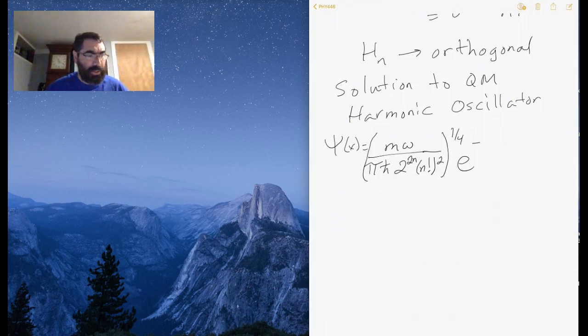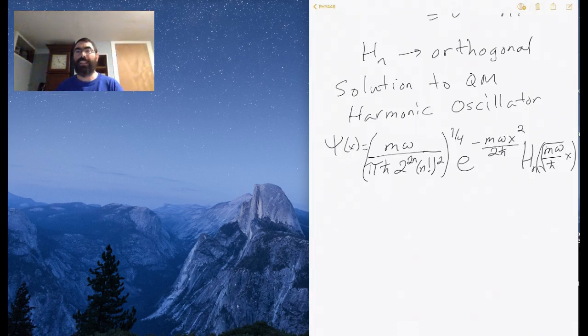e to the minus m omega x squared over 2h bar times the Hermite polynomial of m omega over h bar square root times x.